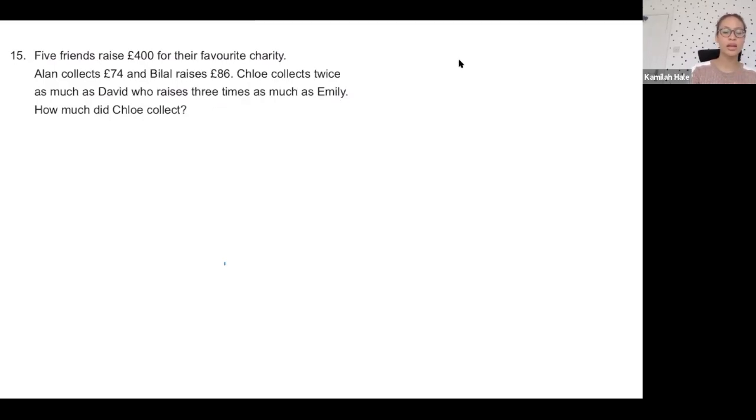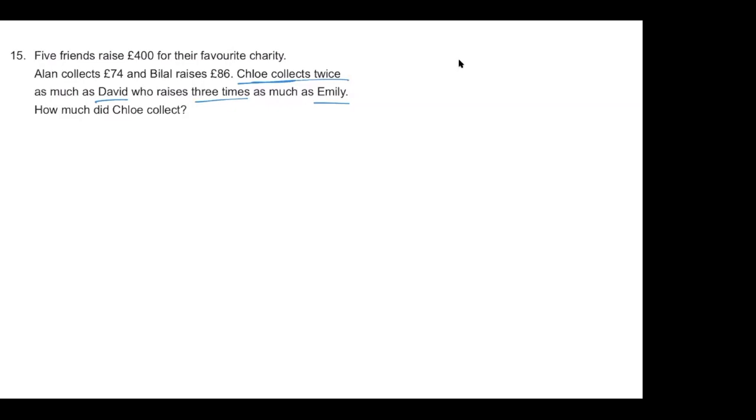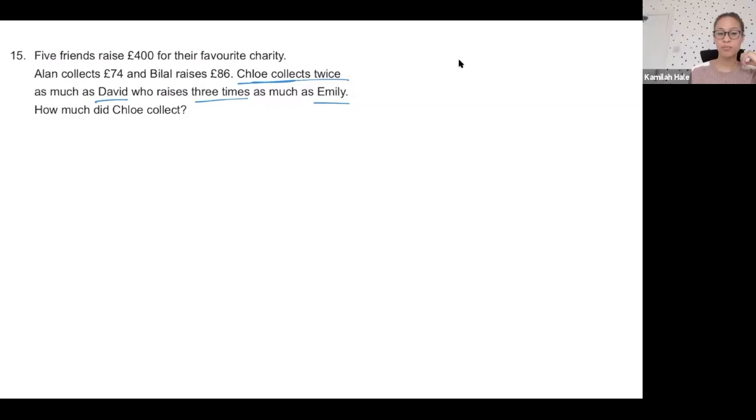Okay, yes, so we can use ratio, a couple of you have suggested. Chloe collects twice as much as David, who raises 3 times as much as Emily. We're going to use ratio for that part, but we need to do something else first. Can someone suggest what that first step might be? Anyone?